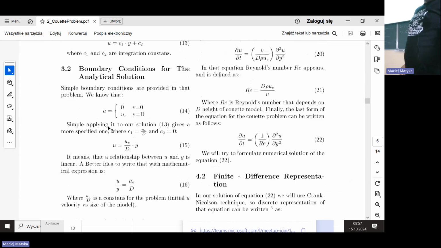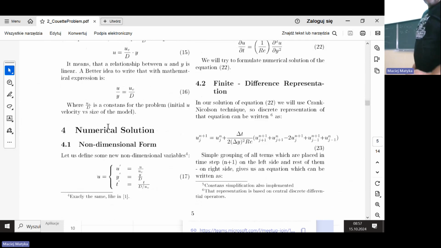Now how about the numerical solution? Okay, now we go into the CFD world. Now numerically, how to solve the same equations. So first of all, we define non-dimensional variables. We put the velocity with prime, which is the velocity in the system divided by the velocity at the top wall.